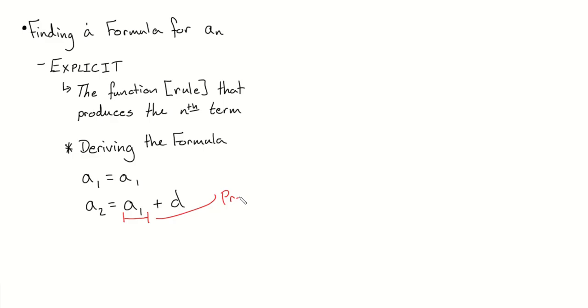Now, we're going to add more to this: the common difference D. And this guy from yesterday, one more time, what is this? The common difference, the thing that we're adding or subtracting. And since we're labeling stuff, what's A sub 1? It's the first term, and A sub 2 is the second term.